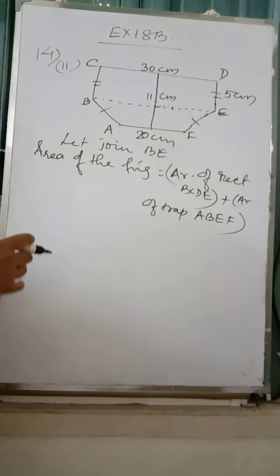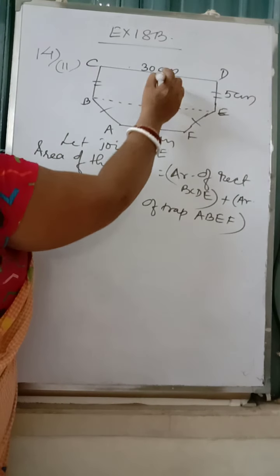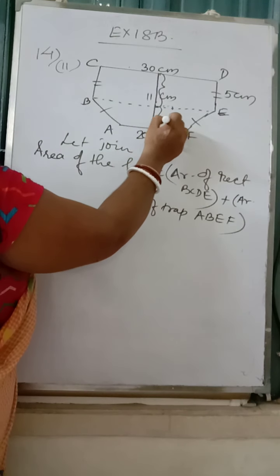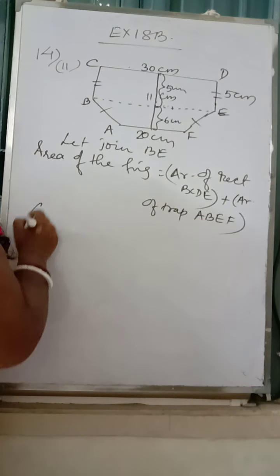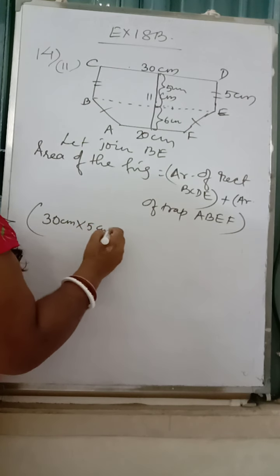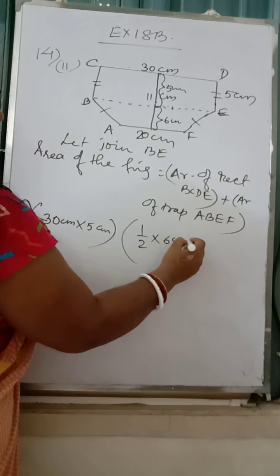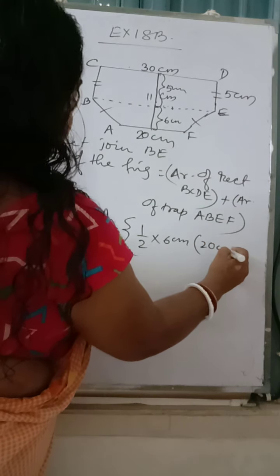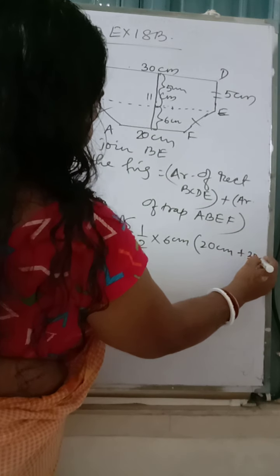Now, if we take this as a rectangle, this was 5, this is 5, so what will be this length? This will be 5. And what will be this length? This will be 6 centimeter and this will be 5 centimeter, so the total is 11 centimeter. So area of rectangle will be 30 centimeter into 5 centimeter, and area of trapezium would be half into height, that is 6 centimeter, into sum of parallel sides, that is 20 centimeter plus 30 centimeter, if CD was 30, so BE also would be 30 centimeter.